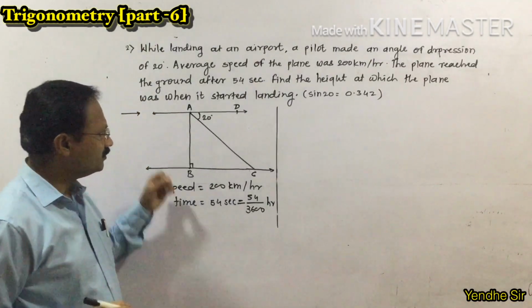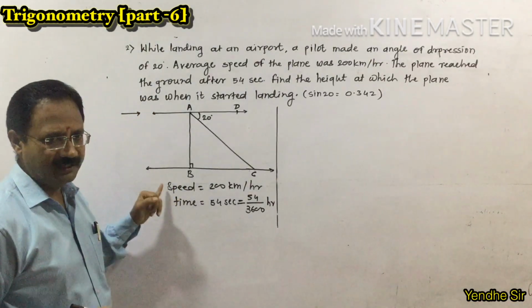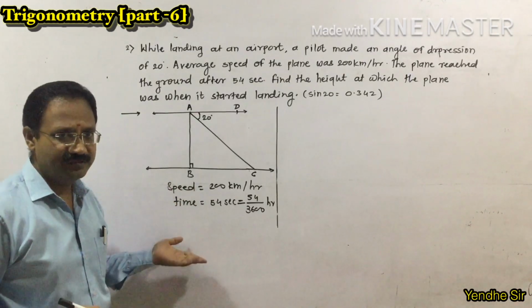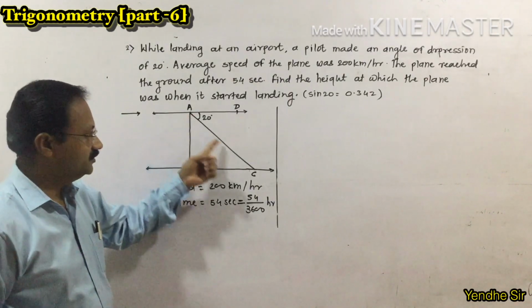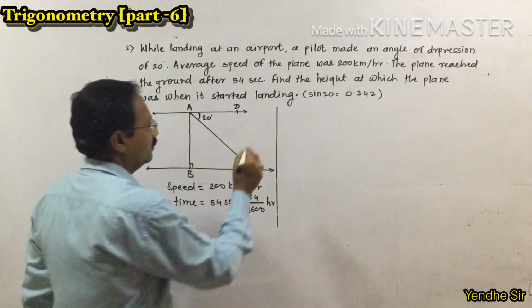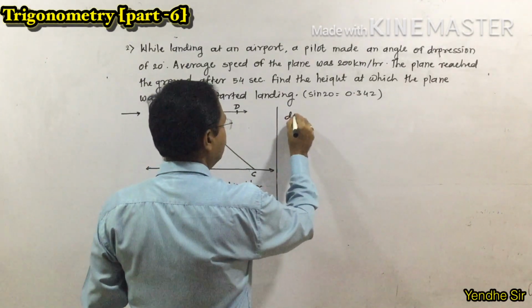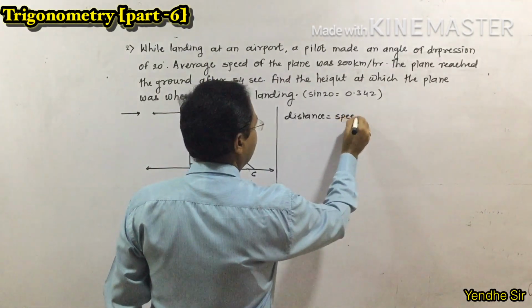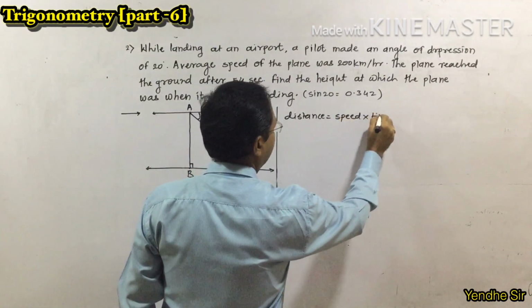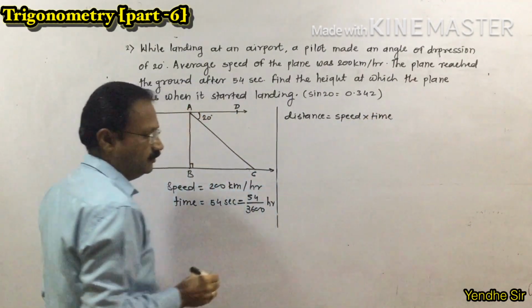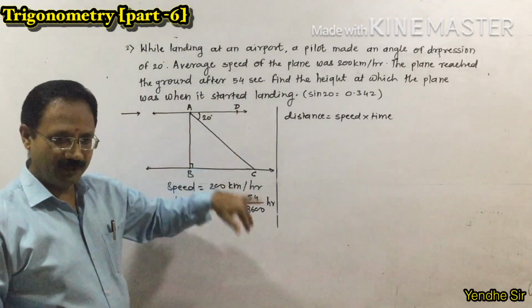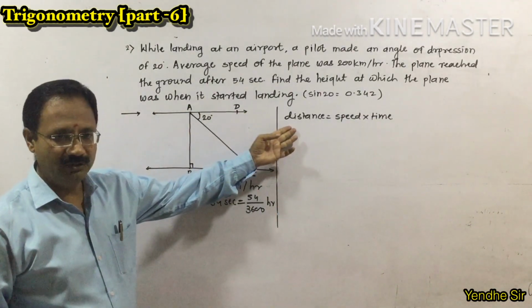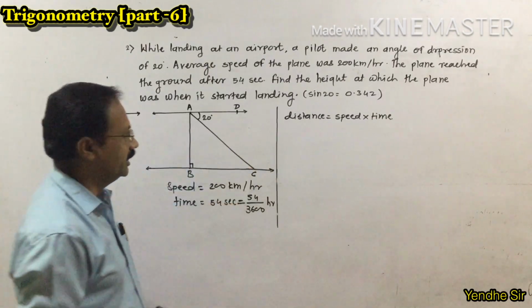We know the formula for speed. Speed equals distance upon time. But the distance is not given, so we are going to write it like this. Distance equals speed into time. We know the formula S equals D upon T, so I converted it into distance equals speed into time.